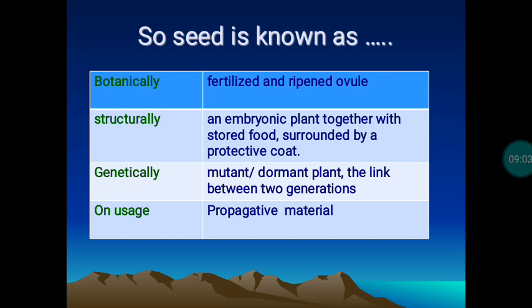storage organ. That storage organ, particularly in the case of monocot, is the endosperm acting as a storage organ. Whatever photosynthate is given by the mother plant will be accumulated in the endosperm area. So food reserves are there in the endosperm area. Another main point here is that the endosperm is a non-living tissue.